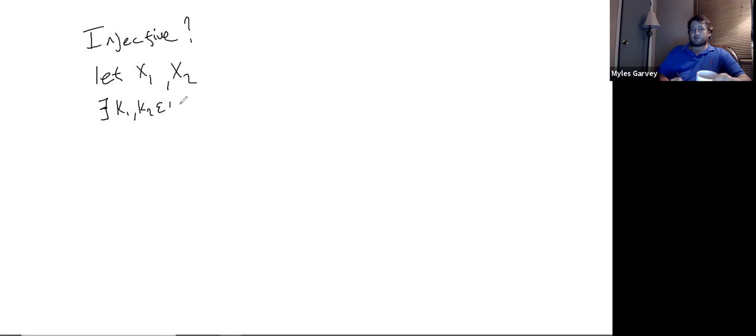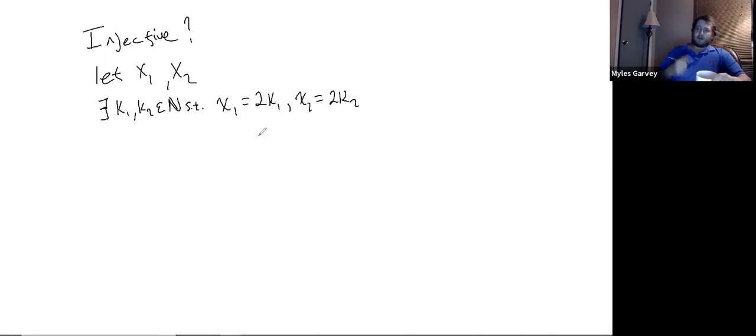Is this function injective? Let's see. Let's let x1 and x2 be even numbers. By the same reasoning as before, by definition, because they're even numbers, there needs to exist a k1 and a k2 in the natural numbers, such that x1 is equal to 2 times k1, and x2 is equal to 2 times k2.